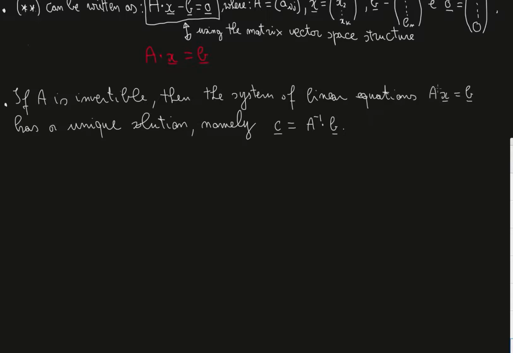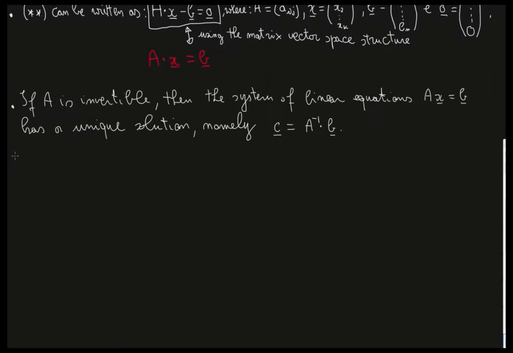And on the right hand side we will have A minus 1 times B. Therefore necessarily the set of solutions of this equality is the same as X equals A minus 1 times B. Therefore there will be a unique solution given by this expression.